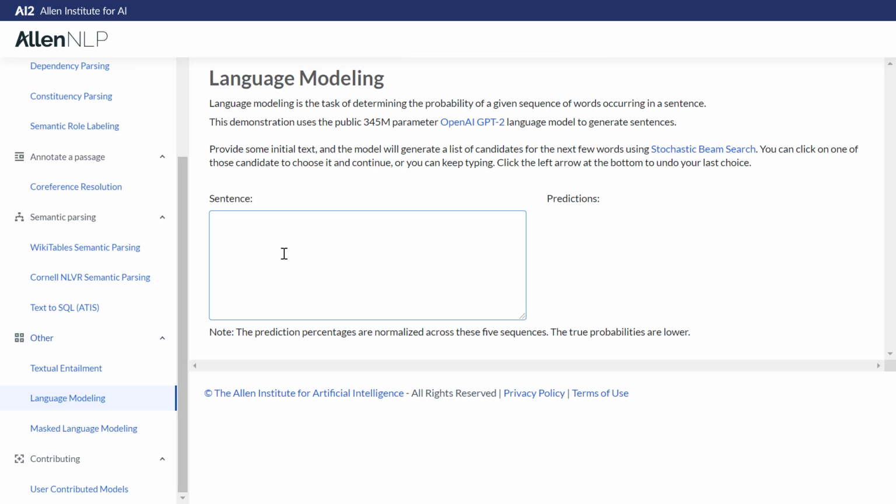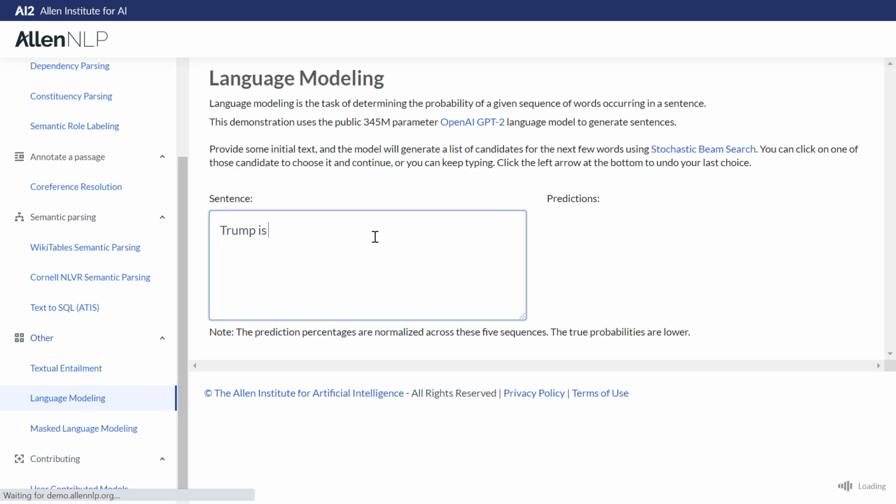In order to better understand the difference between traditional language modeling and masked language modeling, let's have a look at this beautiful demo from Allen NLP. And this demo is powered by GPT-2, which is a generative model as mentioned earlier. So let's try inputting some words.